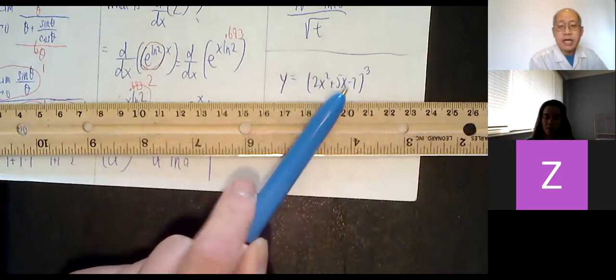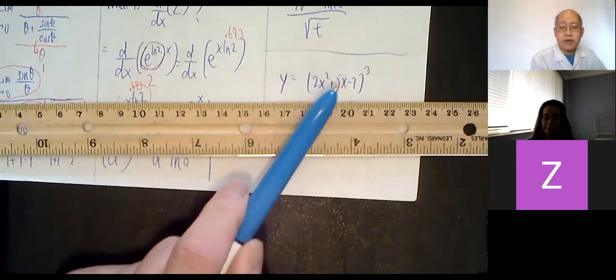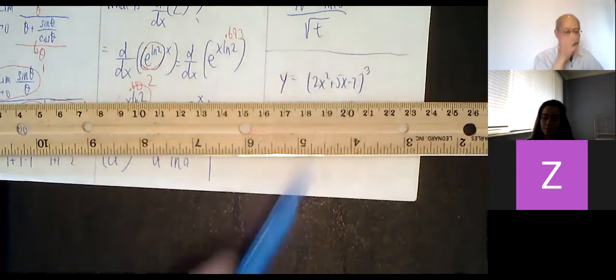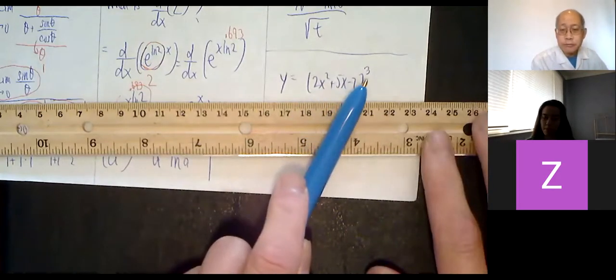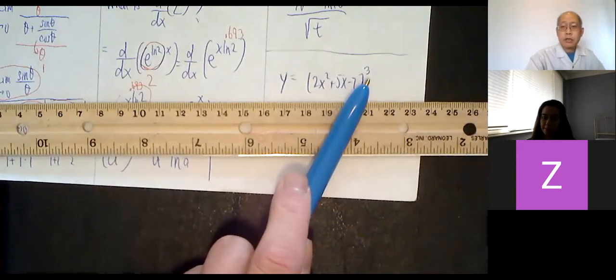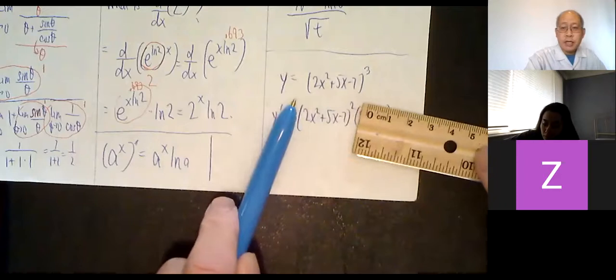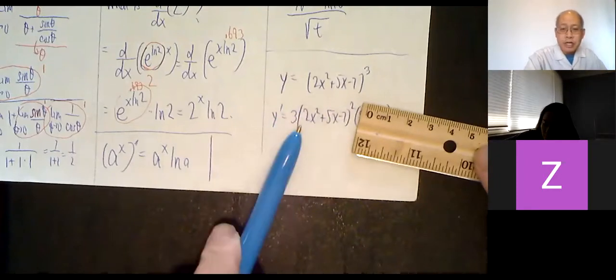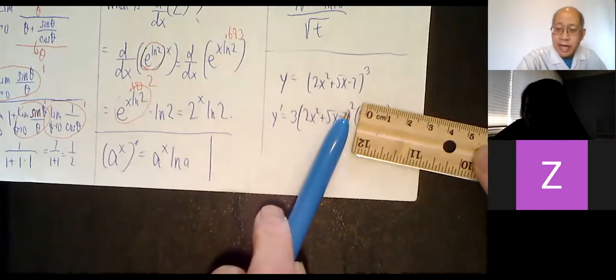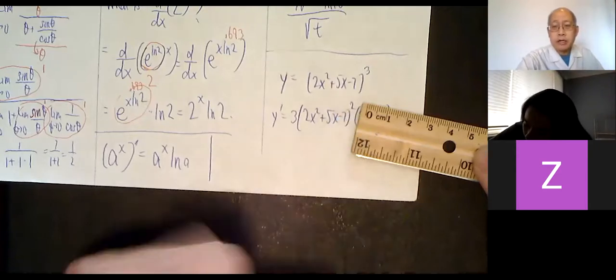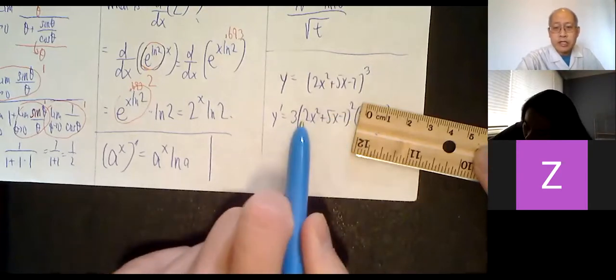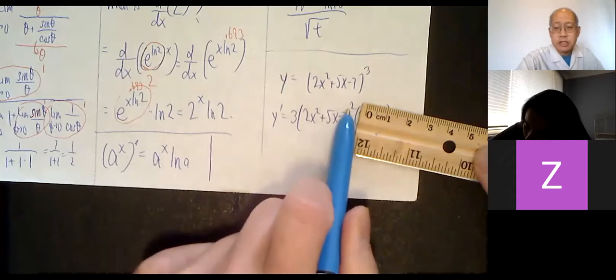The chain rule says take the derivative of the outside function. What is the outside function? The cubing function. So you go like this first: 3 times, copy this stuff down, squared. That looks like the power rule. 3 times (2x squared minus 5x plus 7) squared.